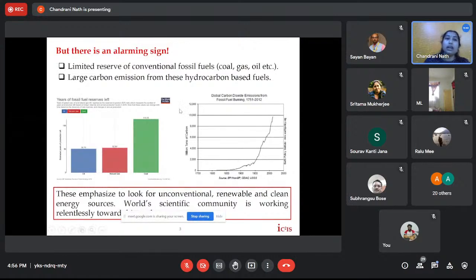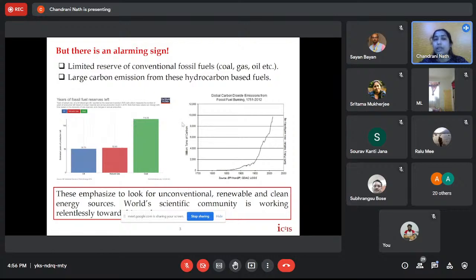Why? Because of the limited reserve of conventional fossil fuels. As we can see from this curve, the fossil fuel reserves that are remaining can only sustain another 50 years. So our future generation is in real danger.